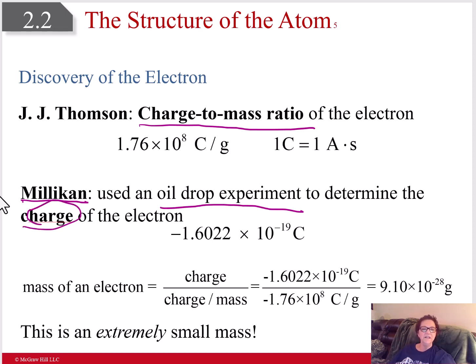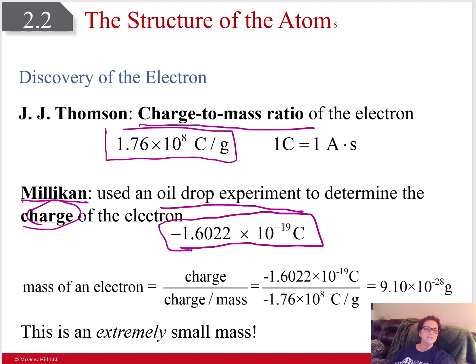Basically, he came up, mathematically and with experimental data, with the charge of an electron being negative 1.6022 times 10 to the minus 19 coulombs, and the charge to mass ratio of the electron from Thomson's experiment was 1.76 times 10 to the 8th coulombs per gram of electrons.